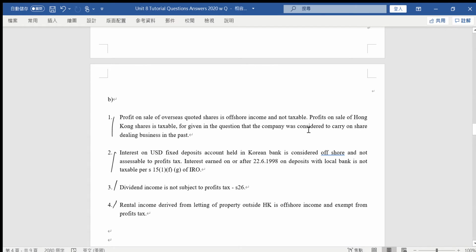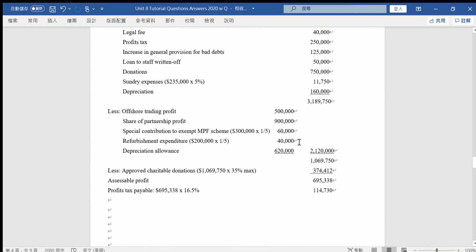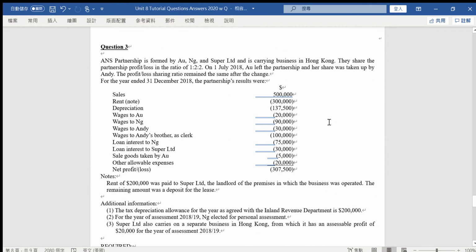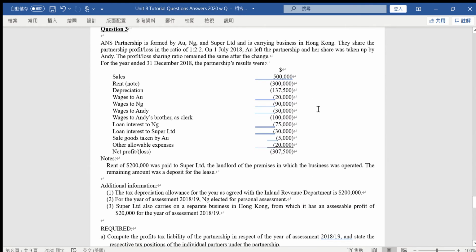Then we'll go to question 3 about the partnership. It is the computation of the profit tax, and it gives you the information about the income statement of the partnership, but we need to adjust it first, right?